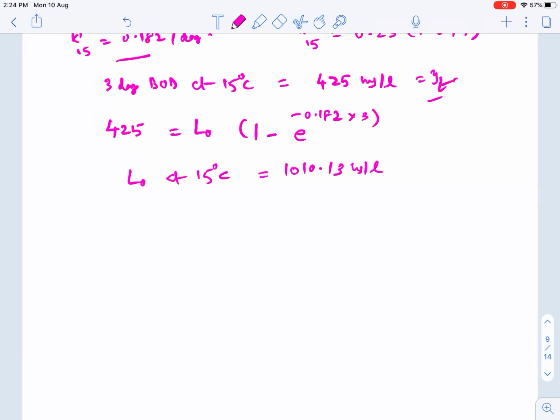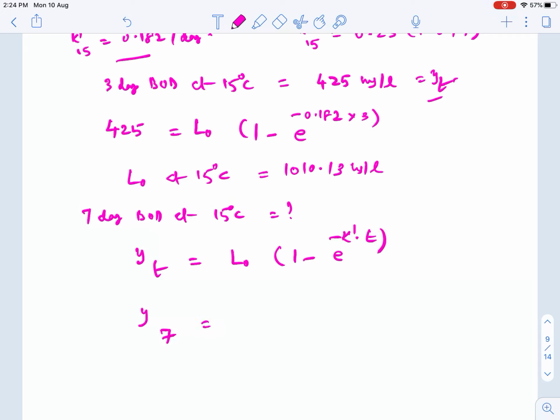So what is our question? We require 7-day BOD at 15 degrees centigrade, that we have to calculate. So YT is equal to L naught into 1 minus e to the power of minus k dash into t. So we require Y7 is equal to L naught, 1010.13 into 1 minus e to the power of minus 0.182 into t.